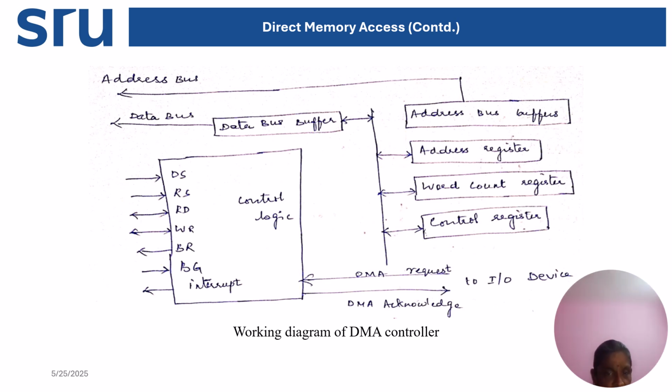In the control logic there are DS, RS, RD, write, bus request, bus grant, and interrupt. First, the IO device has to send the DMA request, and if the DMA is free, it will send the DMA acknowledge and then the remaining steps will start.